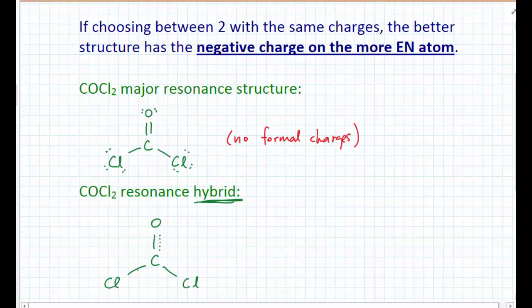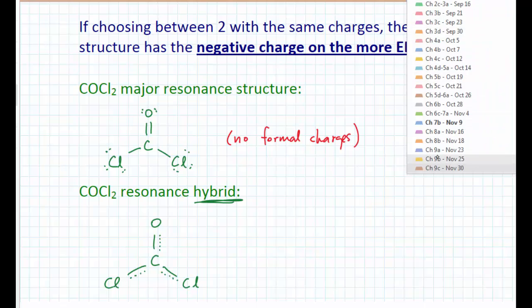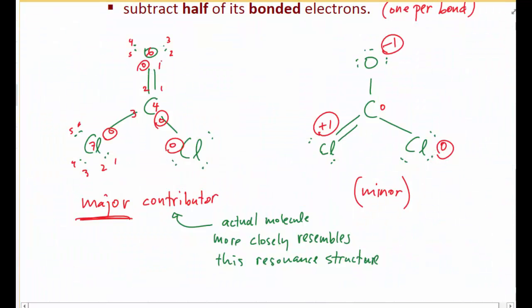And then we're also going to draw dotted lines over here, even though it's sort of unbalanced. The major structure had that single, so these ones are actually closer to single bonds. That one's actually closer to a double bond. But what we're actually going to do now is write in the partial charges based on where those formal charges were in the minor resonance structures.